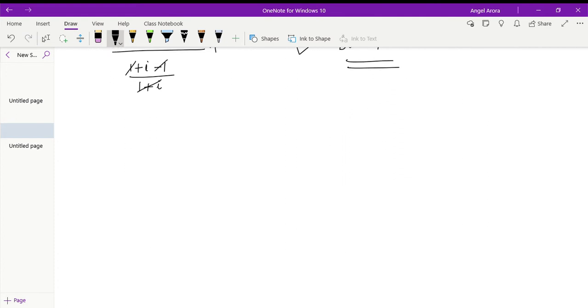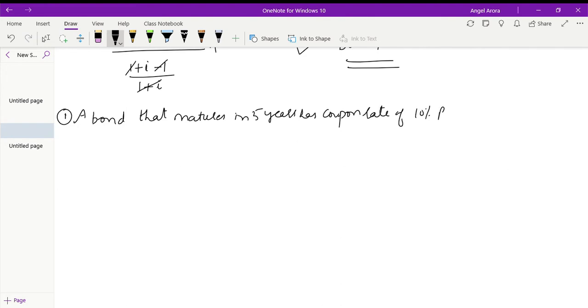So example number 1 is: a bond that matures in 5 years, has coupon rate of 10% per annum and a face value of rupees 10,000.